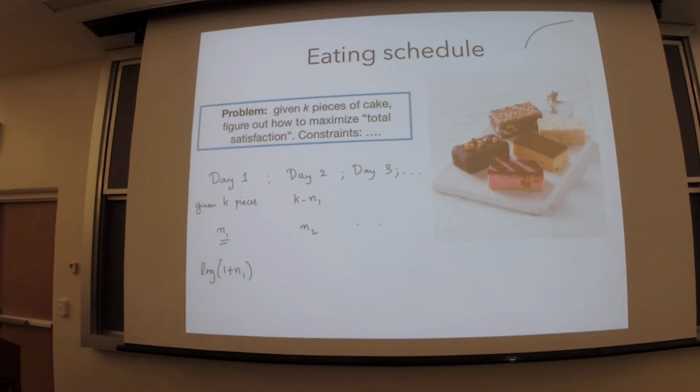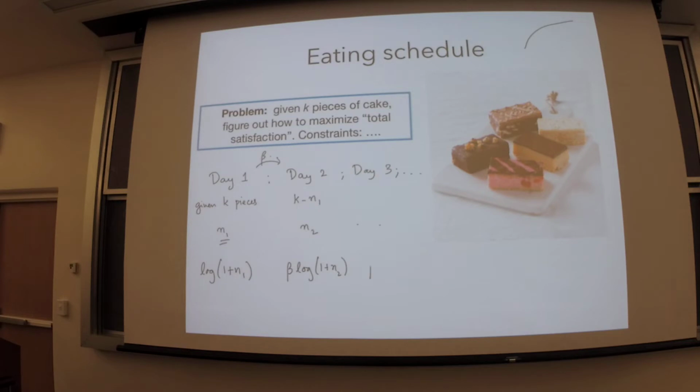And the next day you get something else, and so on. But you've already stored the cake for a while, so presumably you won't get the optimal enjoyment after a certain time. So assume that there's some decay factor beta per day. Here you get beta times log of 1 plus n2.